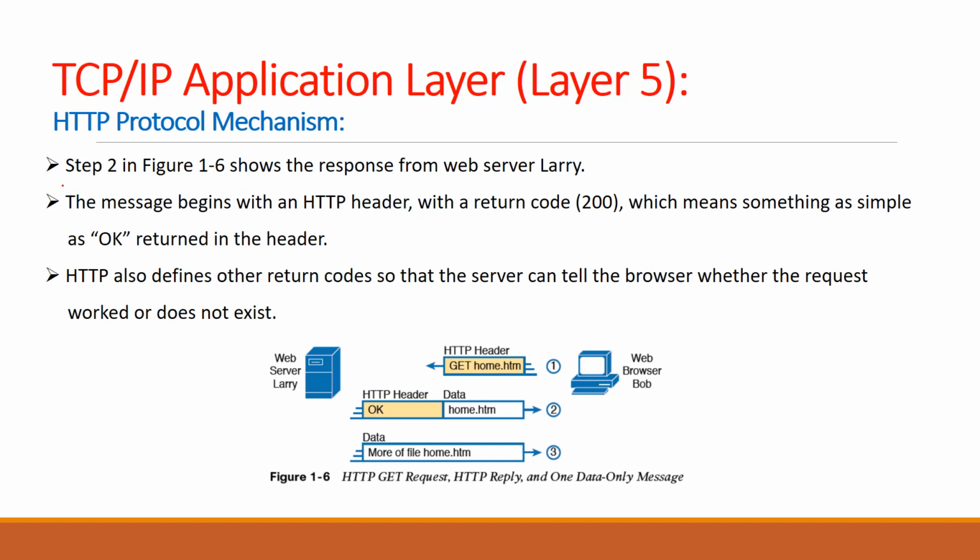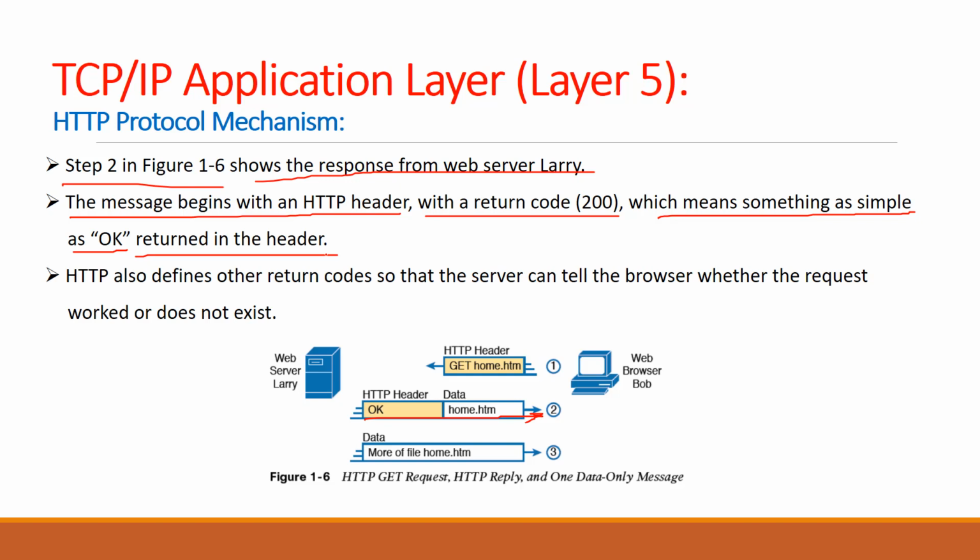And for step 2 in the figure, it shows the response from the web server Larry. The message begins with an HTTP header with a return code 200, because each response has a code. Code 200 means something as simple as OK returned in the header.